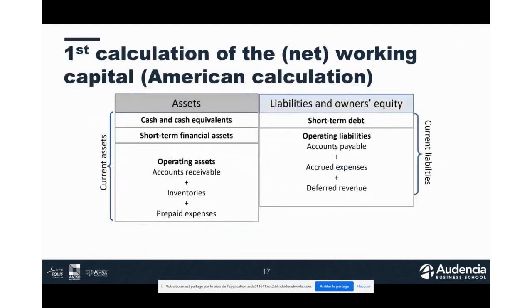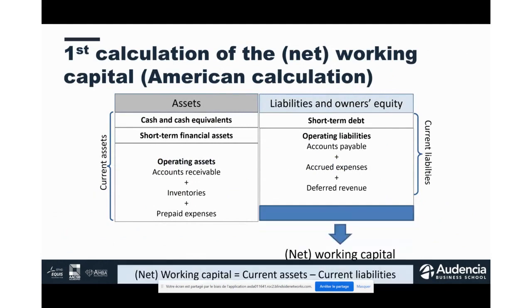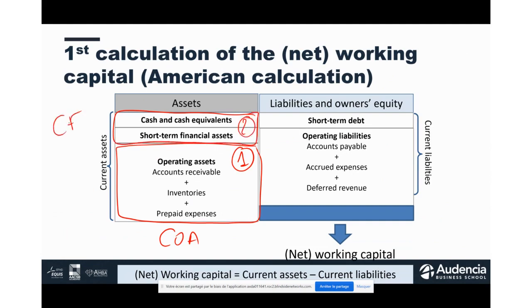So we can find the working capital from the short term. It's the difference between current assets and current liabilities. In the current assets, we have current operating assets and we have current financial assets. In the short term for the liabilities, we have current financial liabilities and we have current operating liabilities.